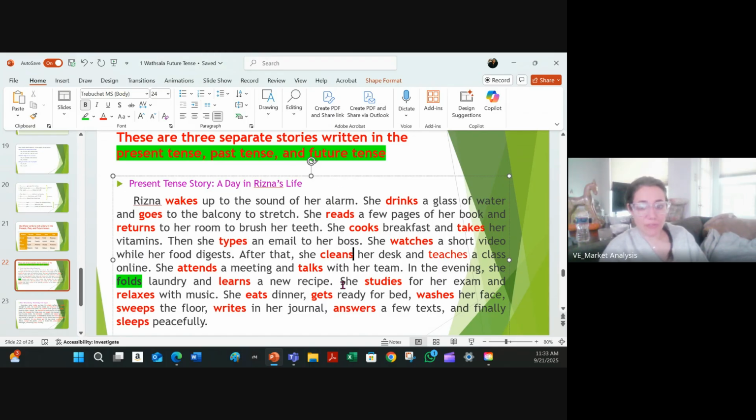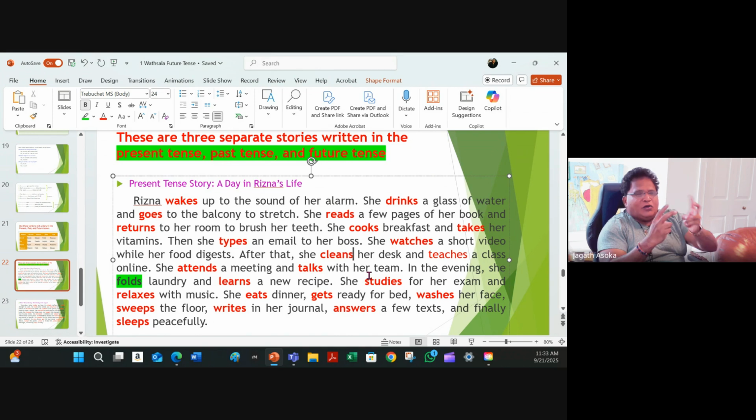We cook breakfast and take our vitamins. Then we type an email to our boss. We watch a short video while our food digests. After that, we clean our desk. We clean our, well, it's very confusing because they have one desk.